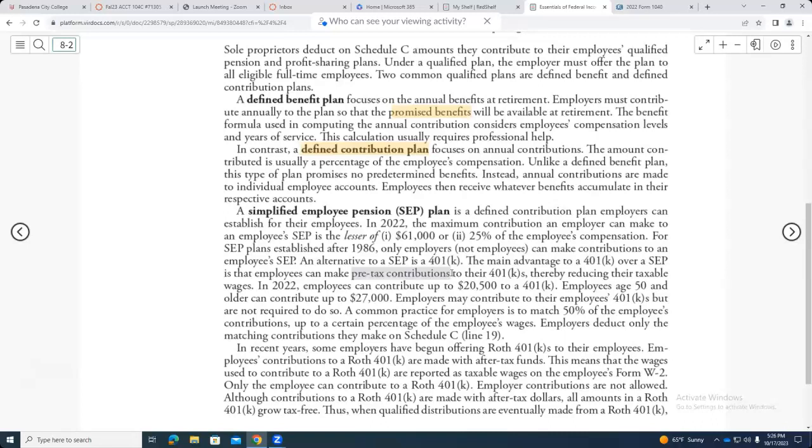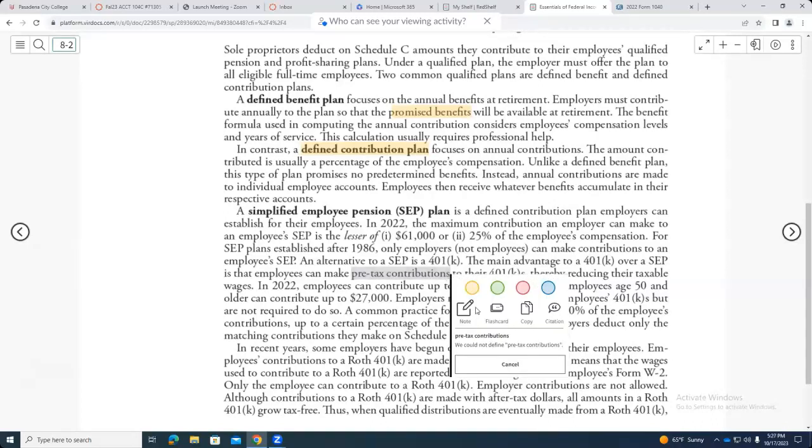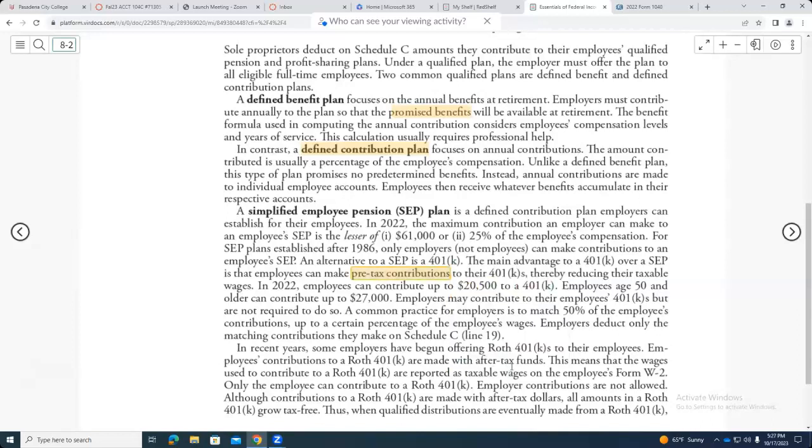That means momentarily you pay less taxes because your income will be lower. But whatever you put in the 401k will become taxable income, including whatever you earn on that investment, when you are retired and you take distributions.